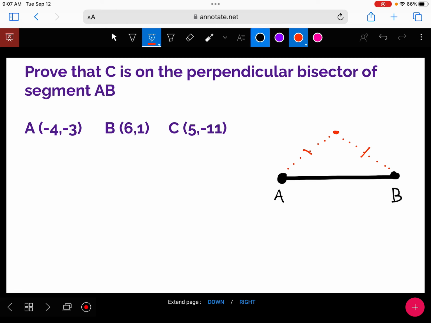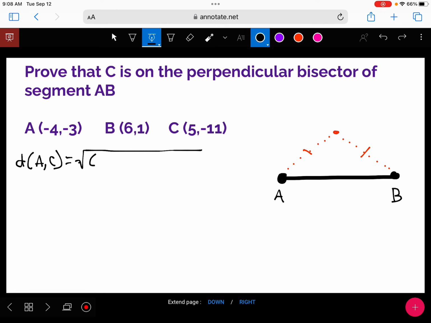So we're going to use that distance formula from yesterday. The distance from A to C, we're using that square root of, we find x1, we're going to just put the values in.